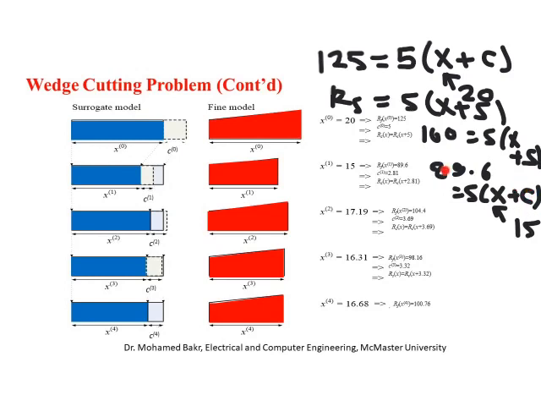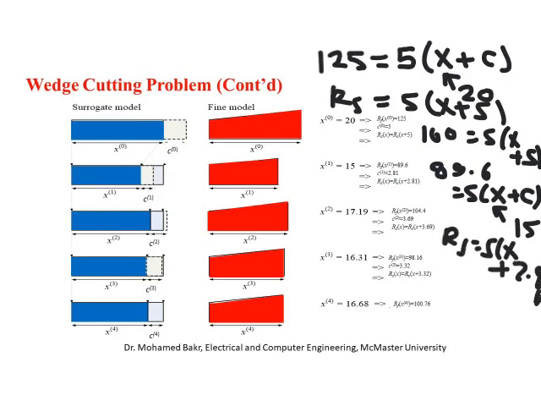Now let's divide both sides by 5 and then subtract 15 from both sides. If you do that, you're gonna get c equal 2.81. So now our new surrogate model is this model. I can write it as Rs is 5x plus 2.81.